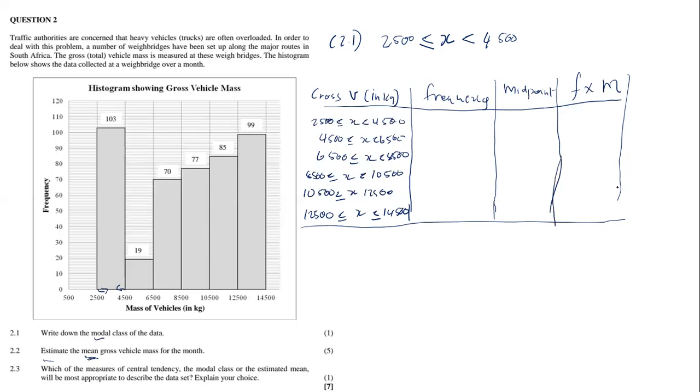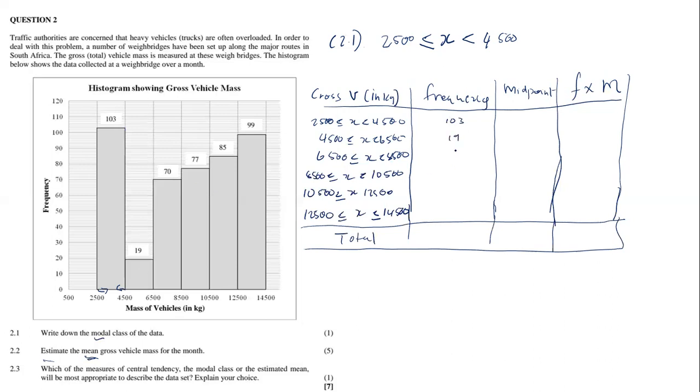And then here we're going to have total. So for this, what's the frequency? Frequency for that is 103, right? For this one, frequency is how much? It's 19.